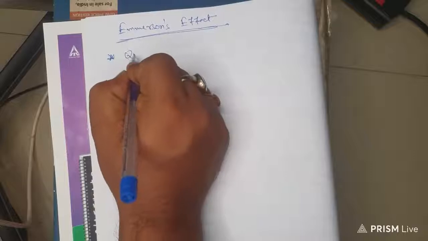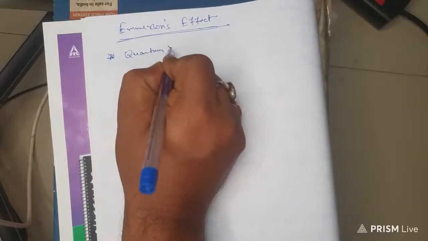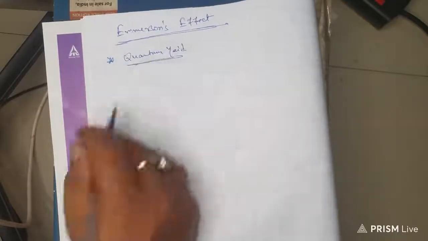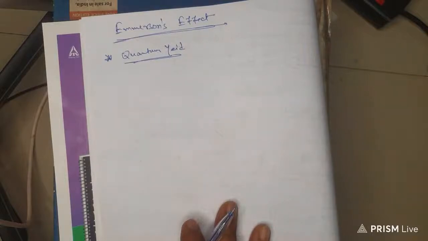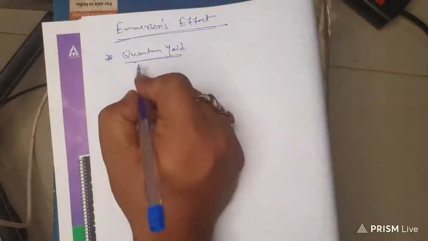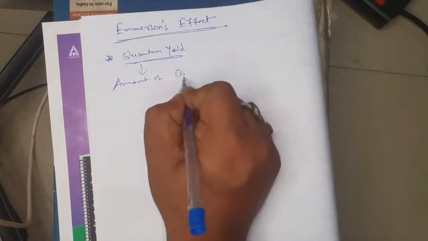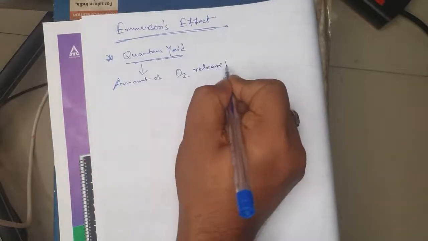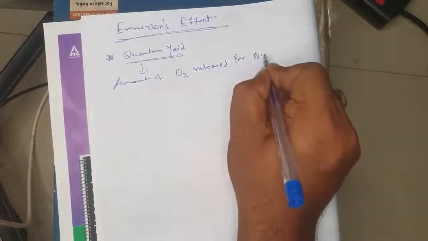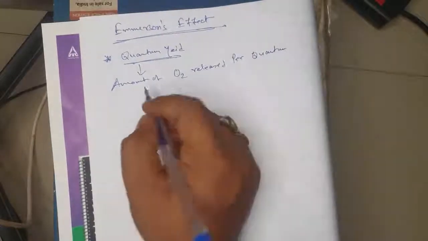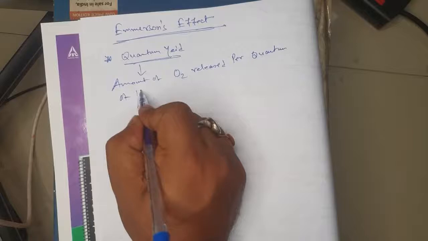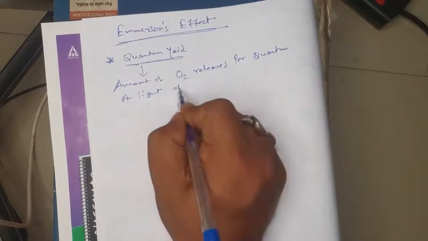Now Emerson is a scientist who studied the quantum yield. Who studied what? The quantum yield. Quantum yield means the amount of oxygen released per quantum of light absorbed.